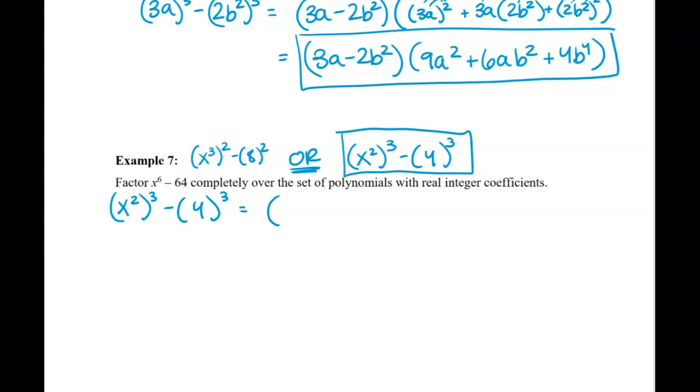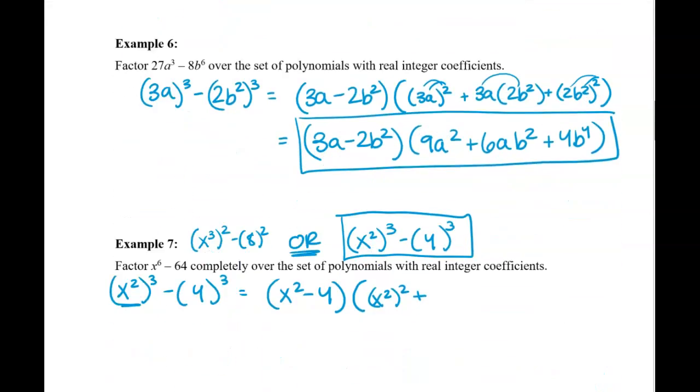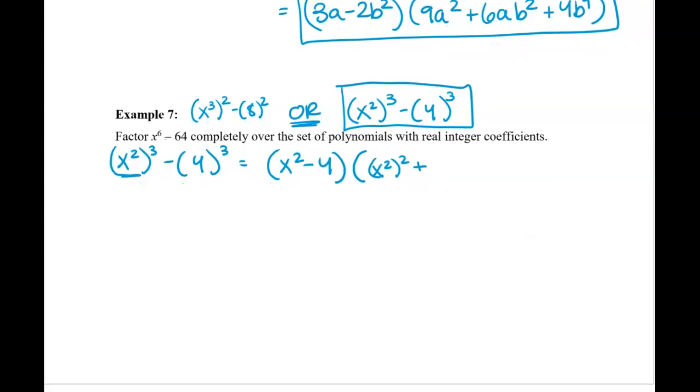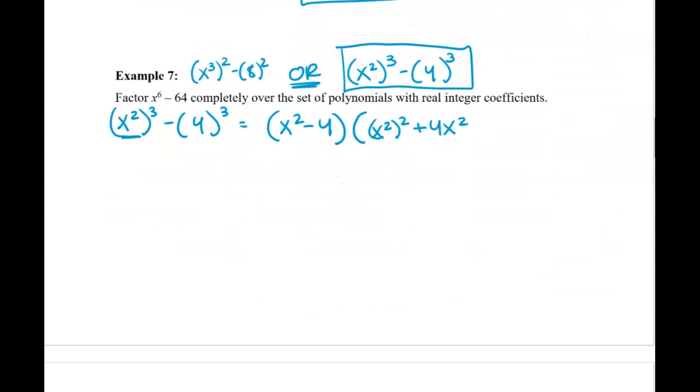we start with a minus, and so it's going to be first term minus second term times first term squared. I'll write it out as x squared squared, that might help a little bit. So x squared squared plus, because when it's minus, it goes minus plus plus, the two terms multiplied together, so that's 4x squared. Minus plus plus, so we have another plus.